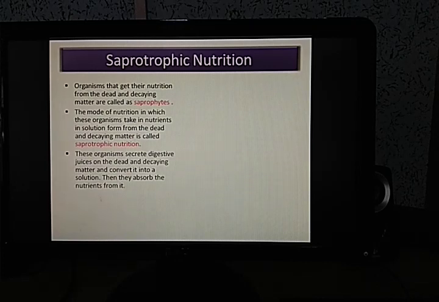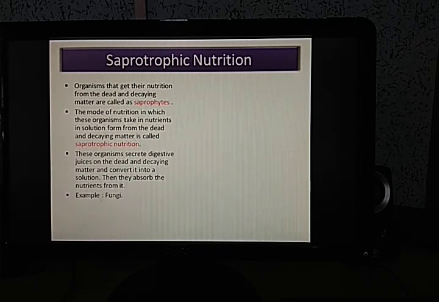These organisms secrete some digestive juices which dissolve this dead and decaying matter into a soluble form. They cannot directly eat up or take nutrition directly from the dead and the decaying matter, be it plants or animals. So what they do is make it into a soluble form, then they absorb those nutrients in the soluble form.